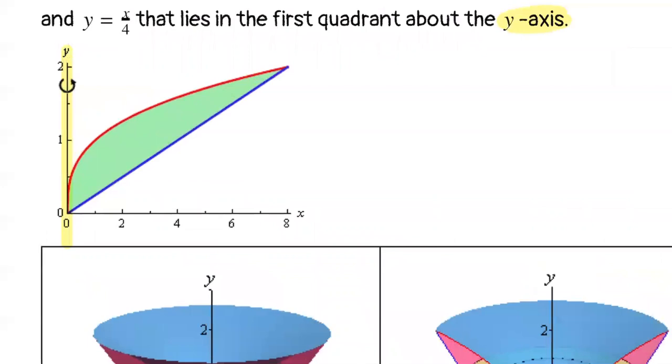Now, you might have noticed something as soon as I started drawing that in the red, like this little radius down here, that touches my axis of revolution. Does that second radius that I just drew touch the axis of revolution? No, right? It doesn't go all the way to the yellow line.